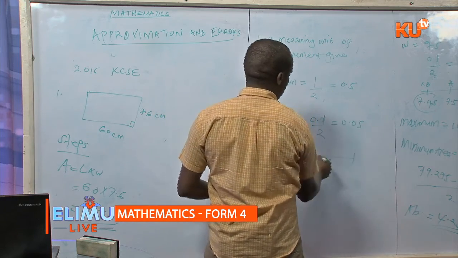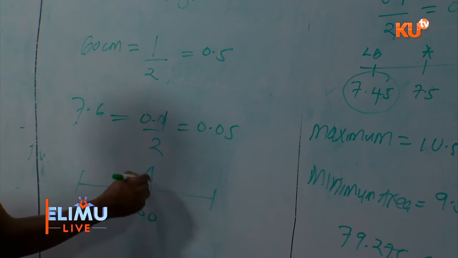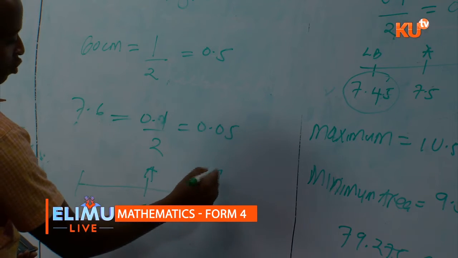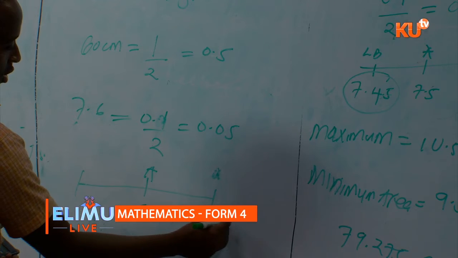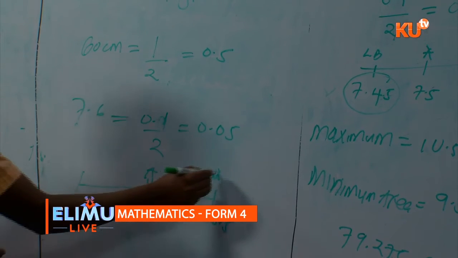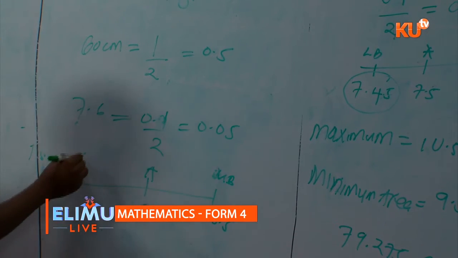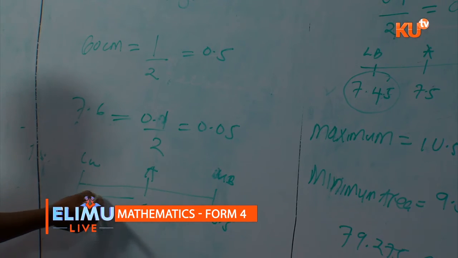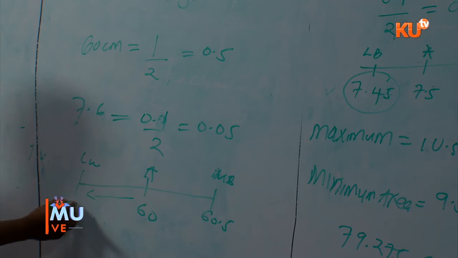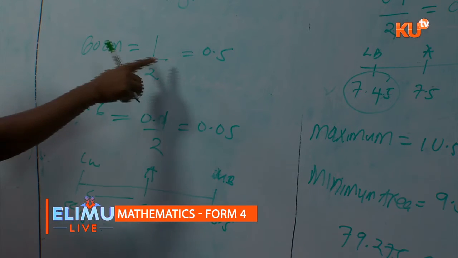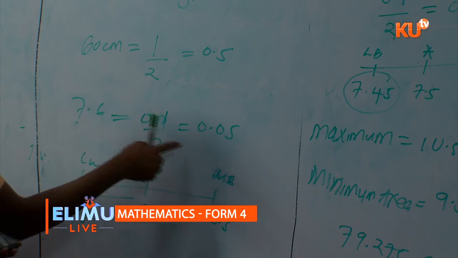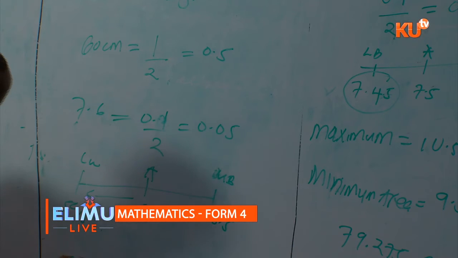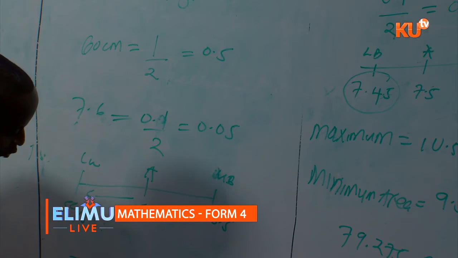So for this one, 60, if this is actual, automatically it will be 60.5. That is the upper bound. The lower bound for this one will be minus 0.5, it will be 59.5. For the other measurement, the width of 7.6, the actual is 7.6.